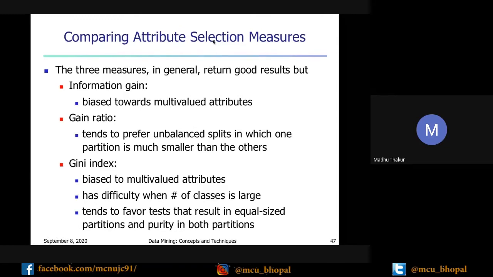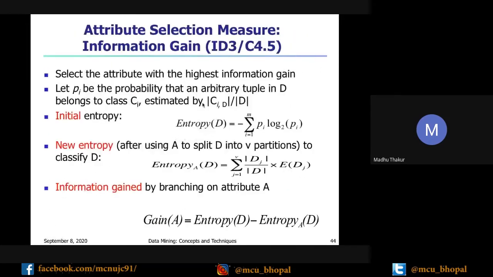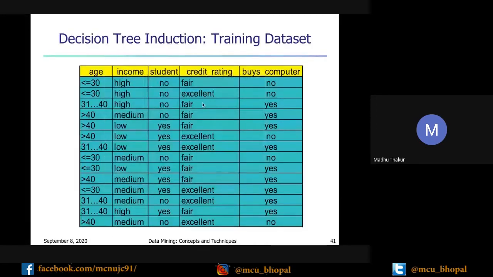So each one has its own pros and cons. Information gain is biased towards multi-valued attributes. If any attribute has many changing values, for example, you can see here income is high, low, medium, student has two values, credit rating has two values.